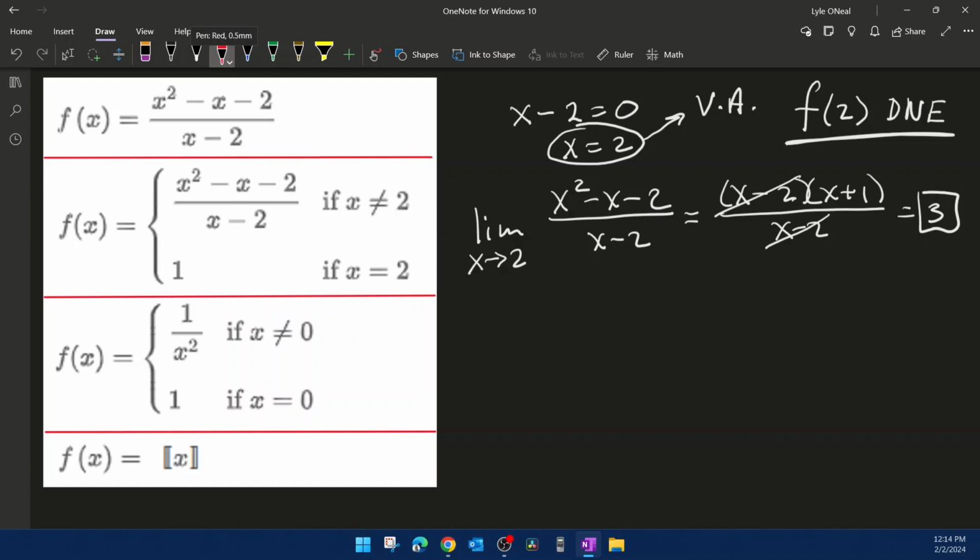And I didn't state that previously, but we know that a rational function is going to be continuous everywhere on its domain. And here we can see in the previous problem that the domain was restricted, saying that x could not be 2 for the rational part. In this example, we can see that the restriction eliminates the divide by 0 error, so a rational function is going to be continuous everywhere on its domain.